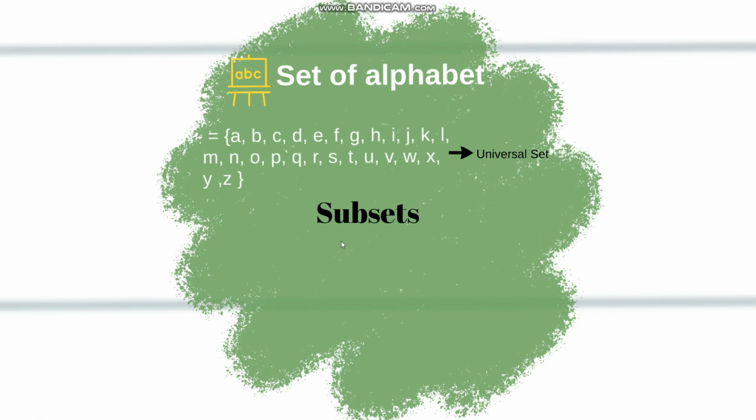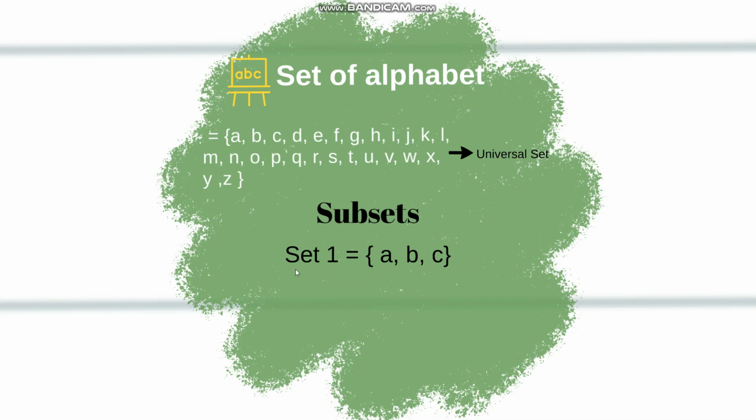Now, let's have subsets. As we mentioned earlier, a subset is just a part of a larger group. So, meaning, it is just a part, not the whole. So let's have this example, set number 1, having the elements A, B, and C. What could you notice?